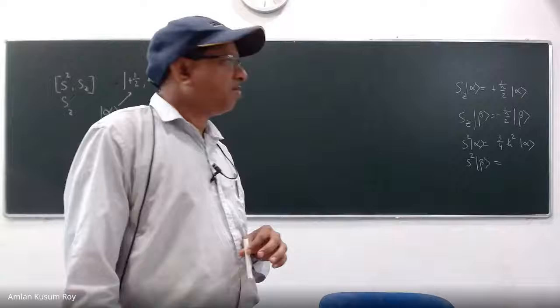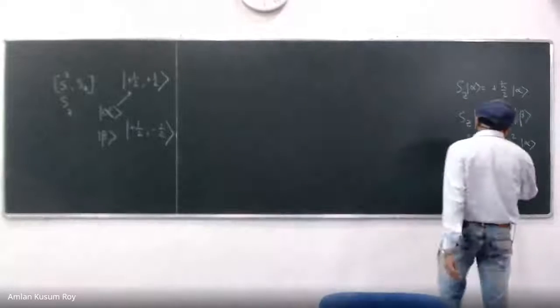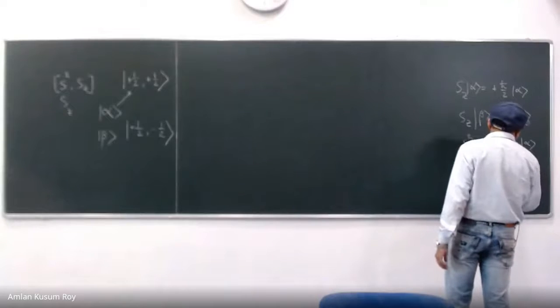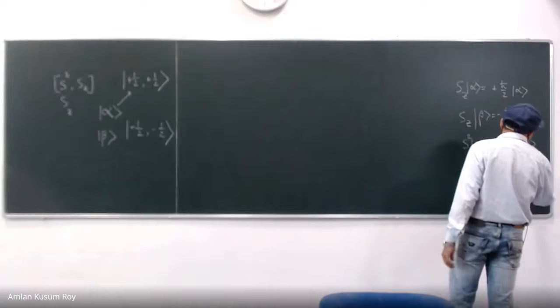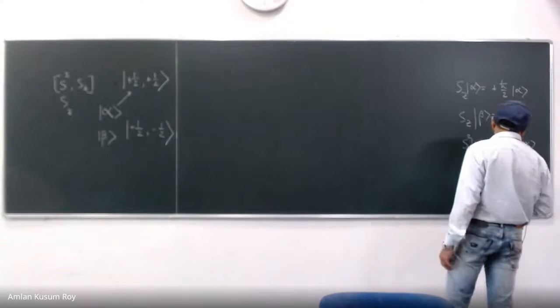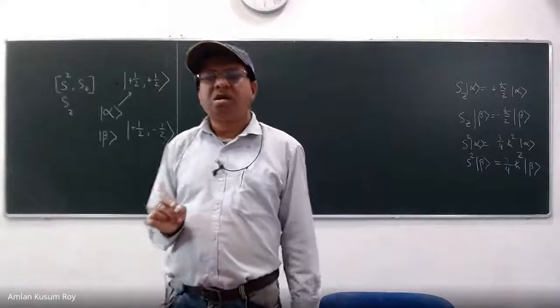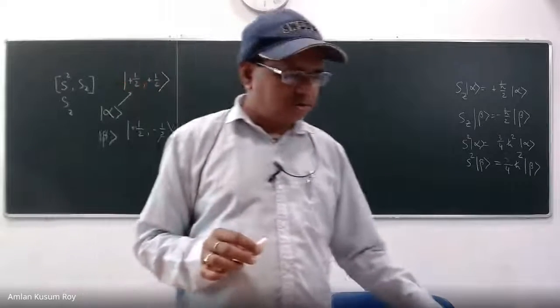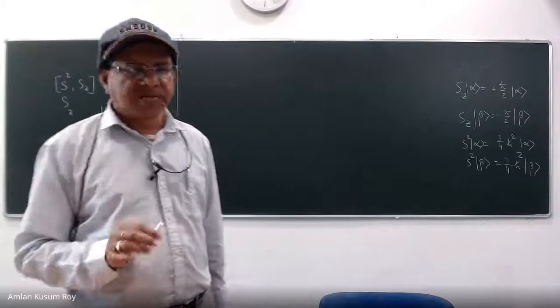Sir, 3 by 4 h bar square beta. Very good, yes, that's right. Anybody who has difficulty with this equation should try to understand it.